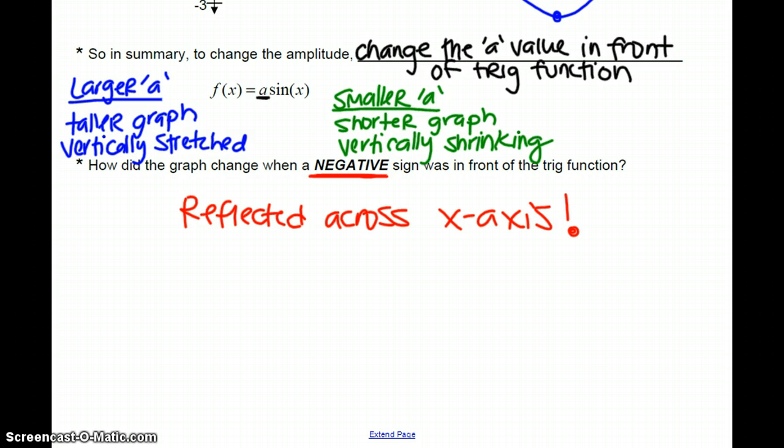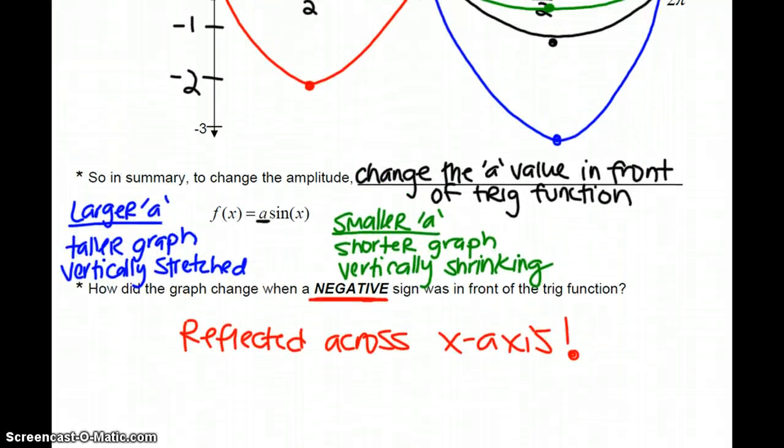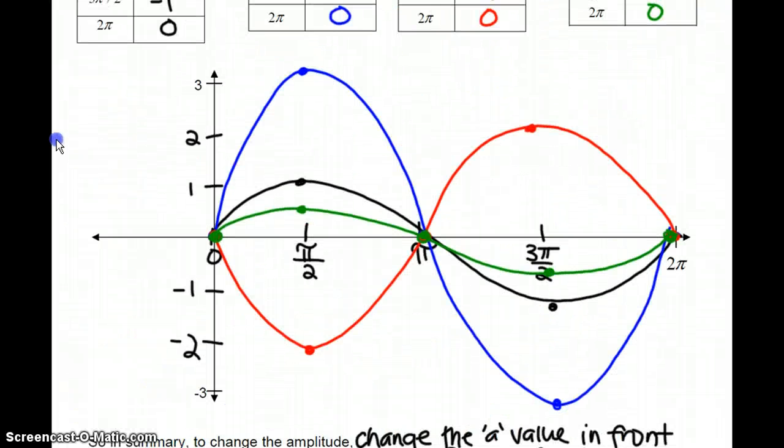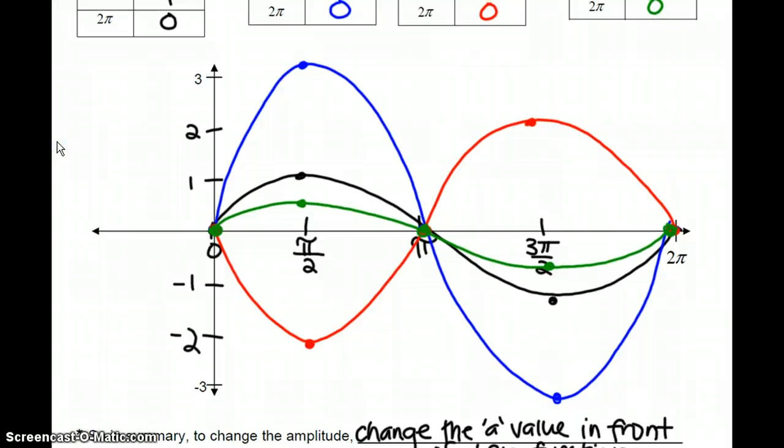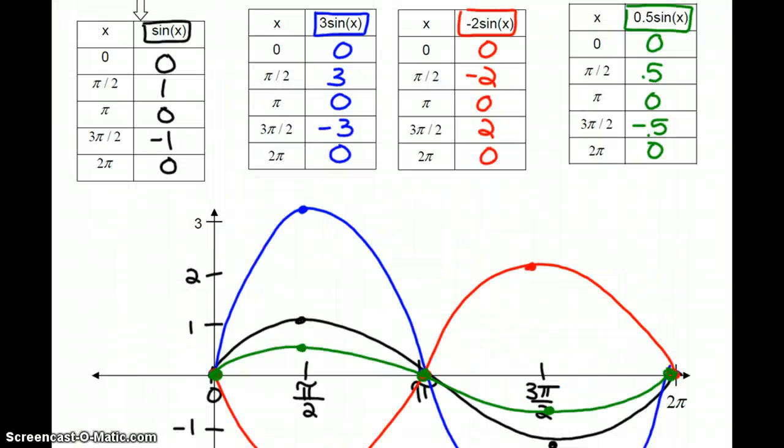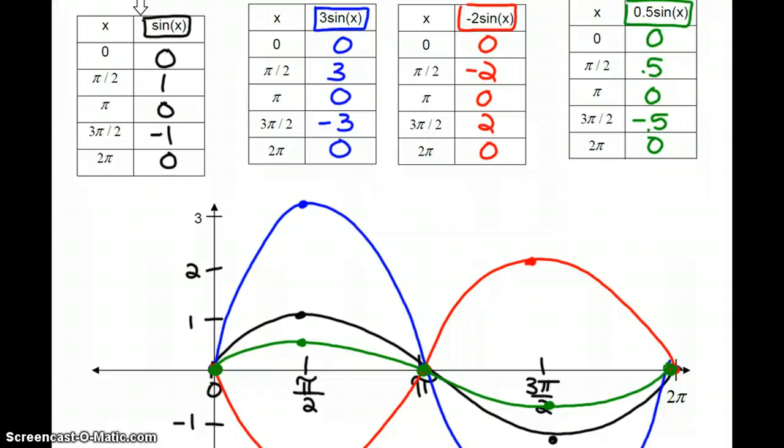So again, to look back up at our three different graphs here, my blue graph still has a period of 2 pi. It still has a domain of all real numbers. The only two things that changed about this blue graph, my 3 sine of x, is that my amplitude is 3, and my range has also changed.